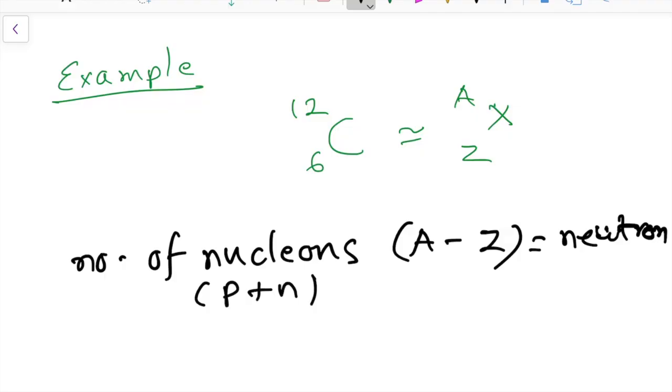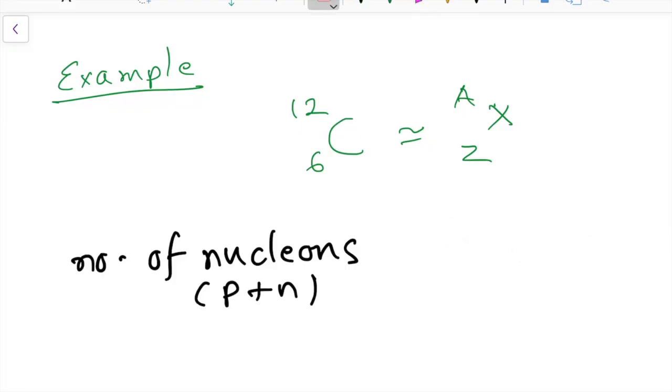So the number of nucleons, protons and neutrons, is given by the atomic mass number A. In this formula, A for carbon is 12.